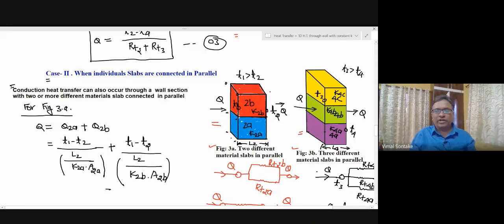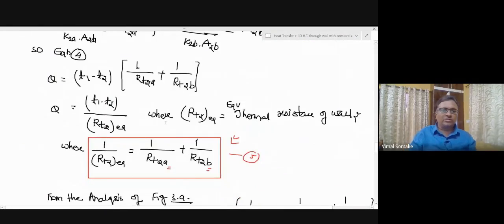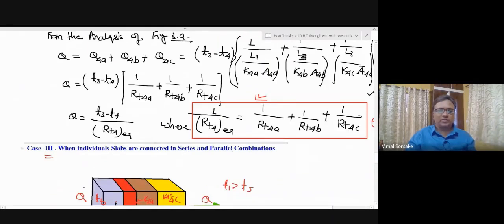Here three different materials are connected to form a single wall. From this analysis, we can calculate the equivalent thermal resistance offered by the composite wall made up of two different slab materials. We could also calculate the equivalent thermal resistance of a composite wall made up of three different materials connected in parallel.